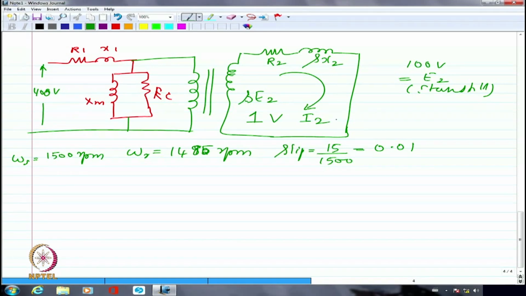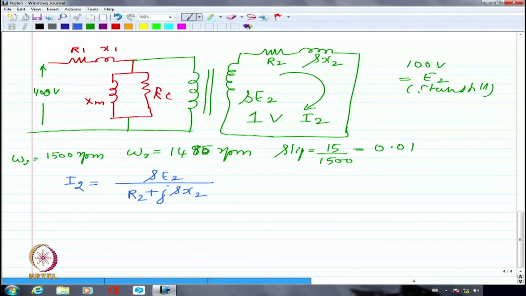Right? Let me try to write the expression for the rotor current I2. So I can write I2 equal to SE2 divided by R2 plus JSX2. Right? I have just written the rotor impedance, as simple as that. Short circuited, so I don't have anything else. Right.